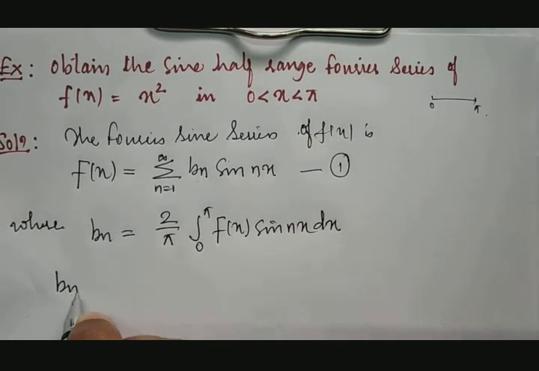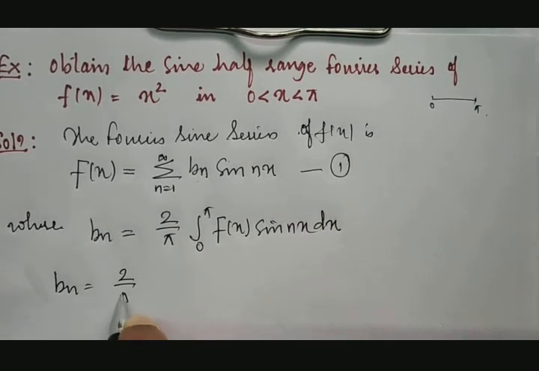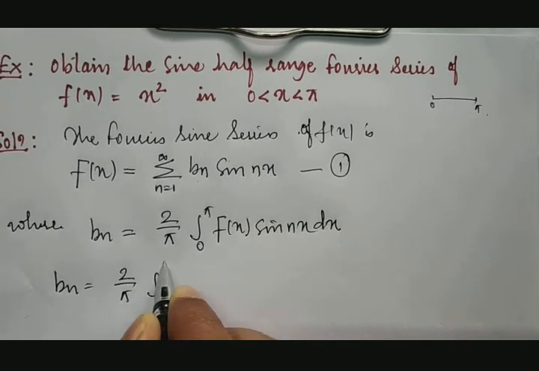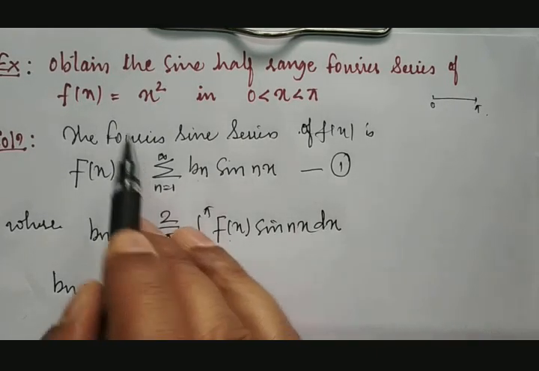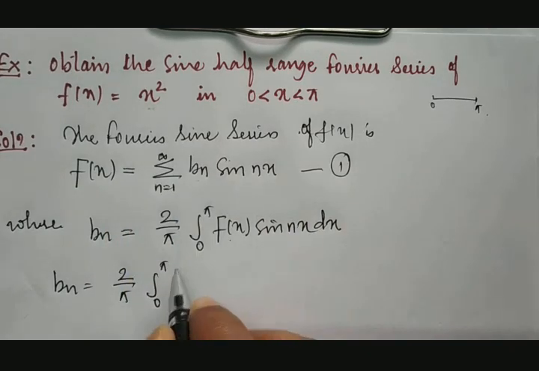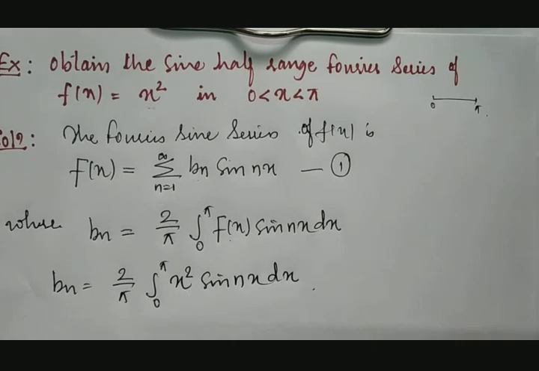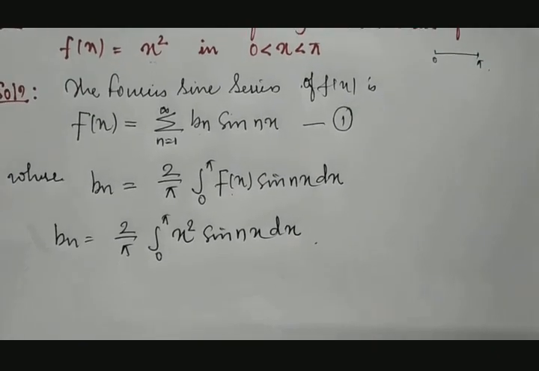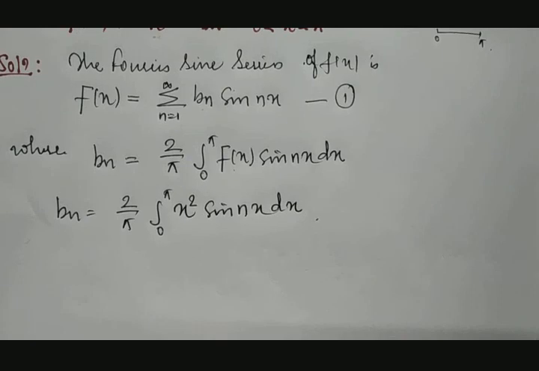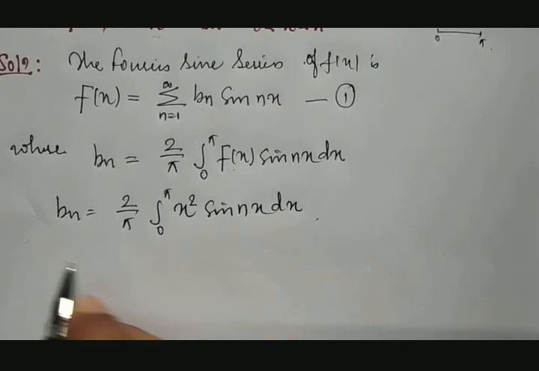Therefore, bn is equal to 2 divided by pi integration between 0 to pi f of x. What is f of x? f of x is x square into sine nx with respect to x. Therefore, this term has to be integrated between the limit 0 to pi. How?